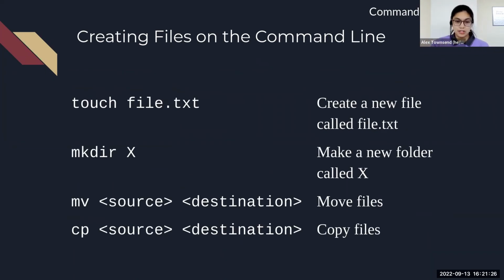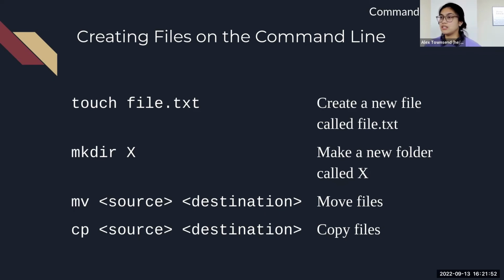So going into creating files, there's a couple different ways of doing this. We'll get into it a little bit more when we go into editing files on the command line, but if you just want to create an empty file, you can just use the command touch, and then file.txt will create the file.txt if it isn't already created.